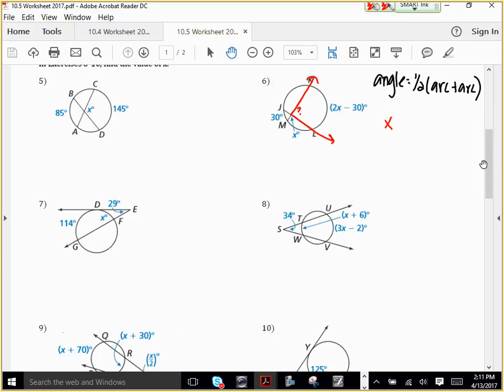We don't know how big x is, but the red angle still makes a linear pair with it, so it's going to be 180 minus whatever x is. If x was 100, then the red angle would be 80, because I would have taken 180 minus 100. But I can't just decide what x is, so the angle is going to be 180 minus x.